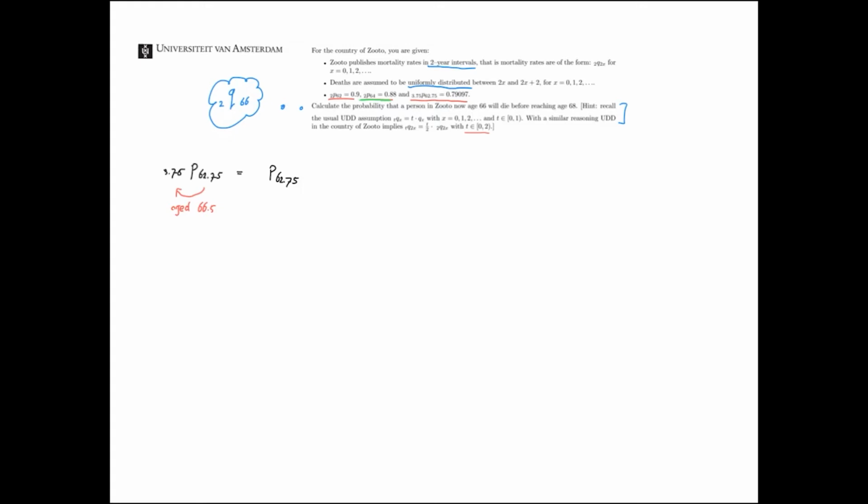So let us do that. If we are 62.75, we need to live another 1.25 years to reach the age of 64. And then what? How much time is left that we need to survive? Well, at least 2. And this makes sense to write, because now we know that this is known.